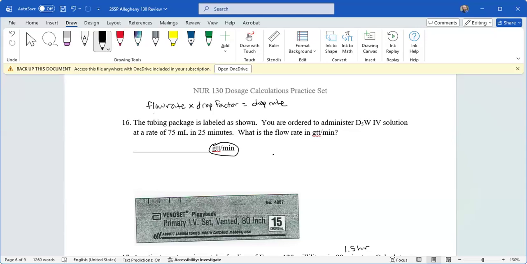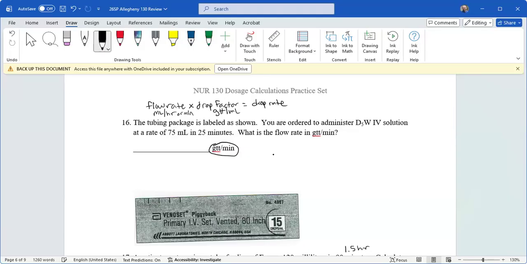The flow rate is almost always in milliliters per hour, but it could also be in milliliters per minute. Drop factor is always given to you, and the drop factor is drops per ml.